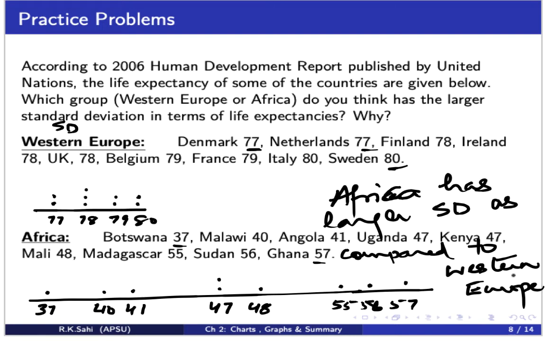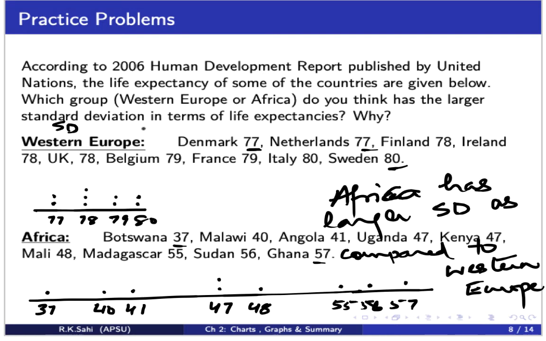Okay. Now, if you want to practice your calculator skills, you can just plug it in and get the values. I can give you the answers here. So this is for you to practice.